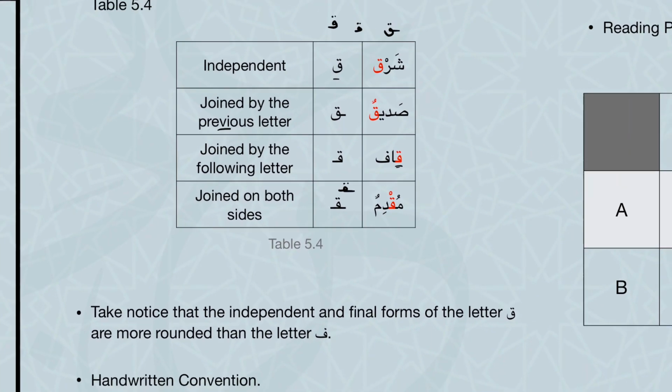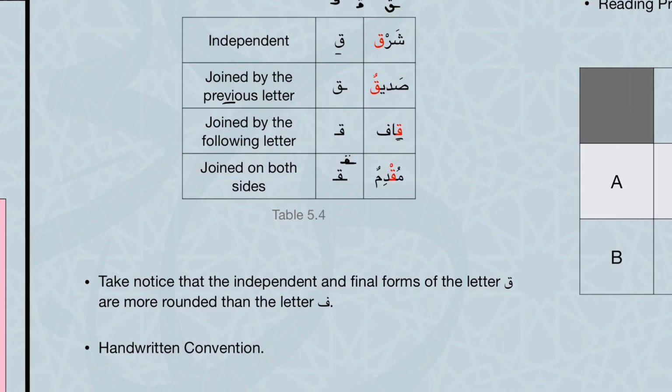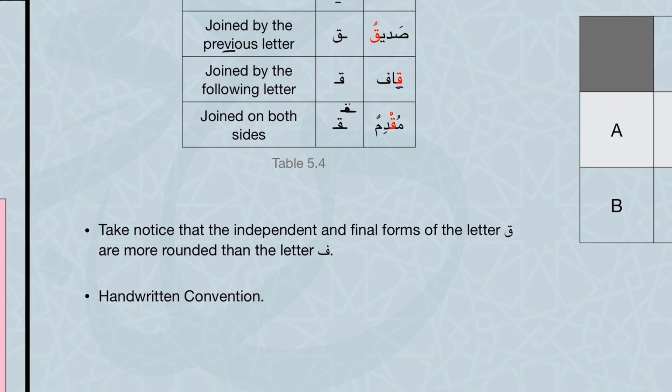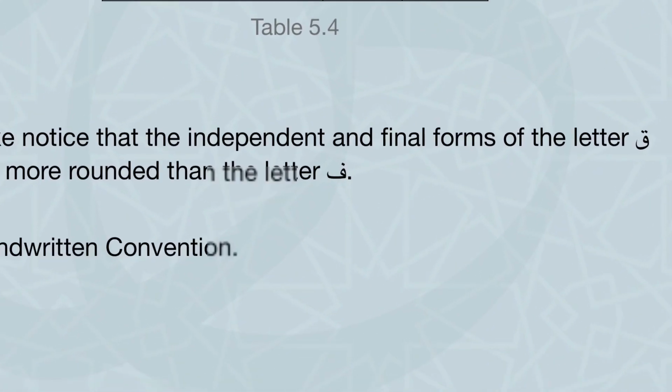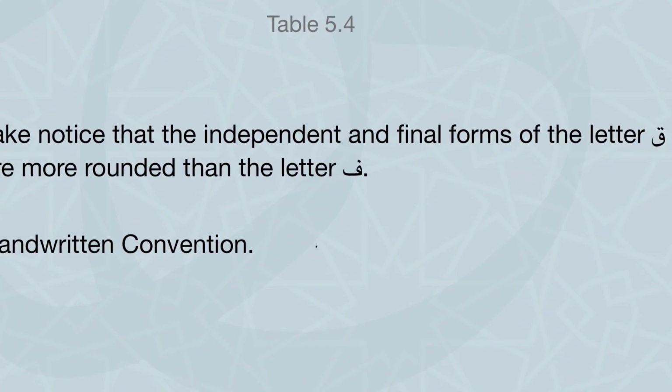This is the note we said before, that the final and independent forms of the letter qaf are more rounded than the letter fa. Now, when it comes to handwriting convention, qaf sometimes, especially in the final form, some people who write Arabic in a cursive way would not write it this way, would just write it like this.